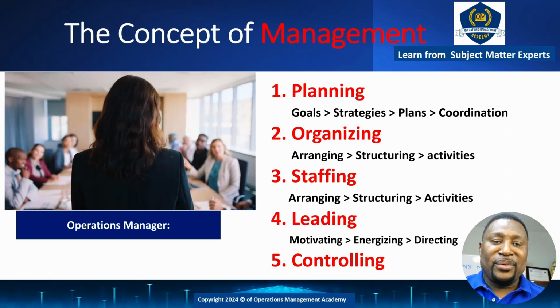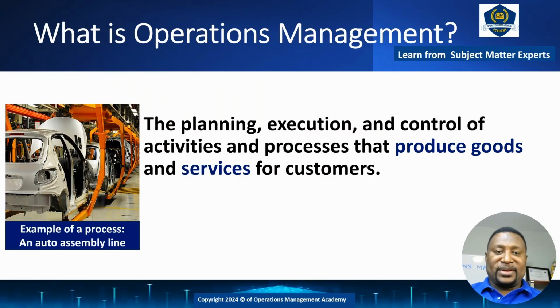Then now we can move on and actually define what operations management is. So what is operations management? Operations management is you plan your operations, you execute your operations, and you make sure that you control that your operations are being performed according to the plan, right? That you are actually achieving the goals. So that will be the definition of operations management.